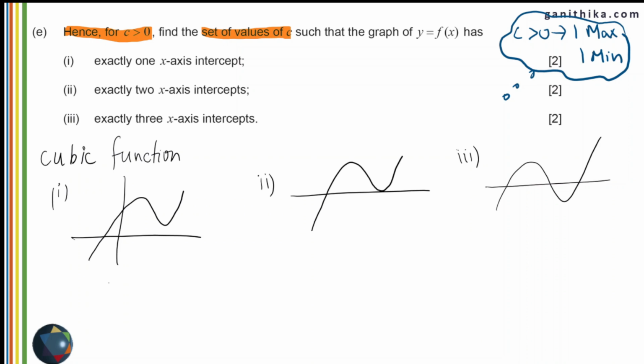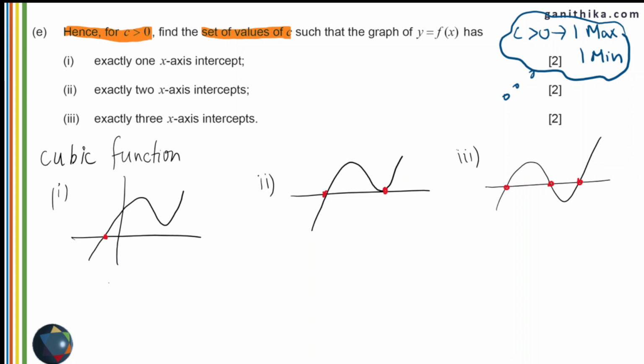These are the three different ways where the cubic function can have one x-axis intercept with one maximum and one minimum. The second case is one maximum, one minimum, but two x-axis intercepts. The third case is one maximum and one minimum point with three axis intercepts. So these are the three cases where you have one x-axis intercept, two x-axis intercepts, and three x-axis intercepts.